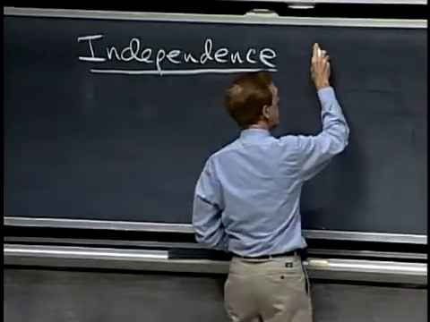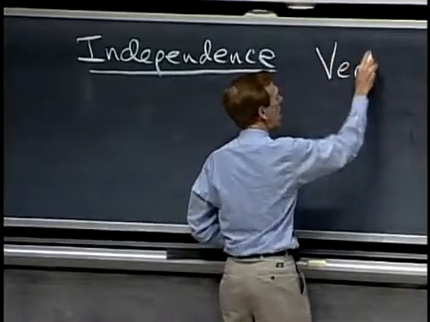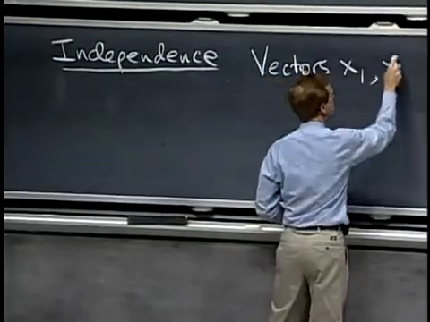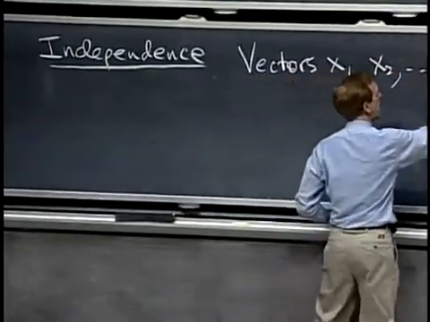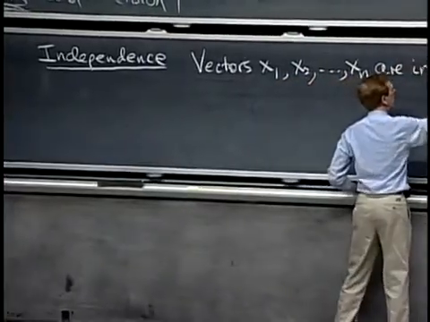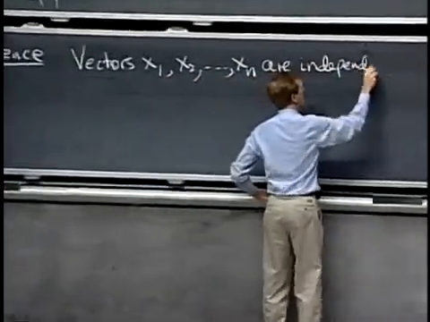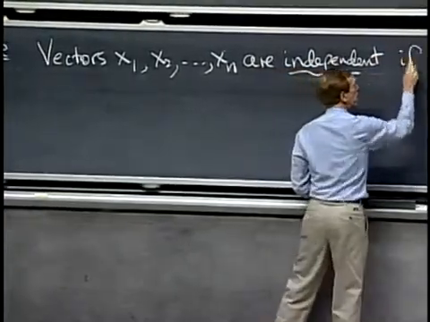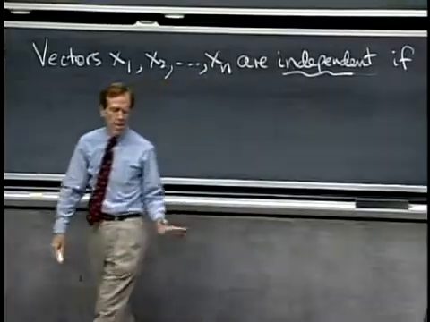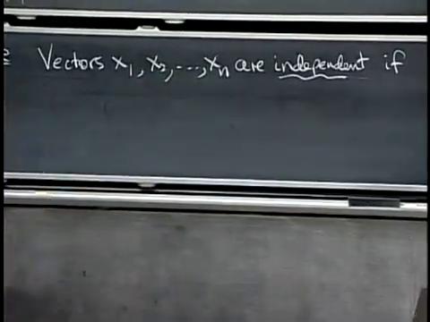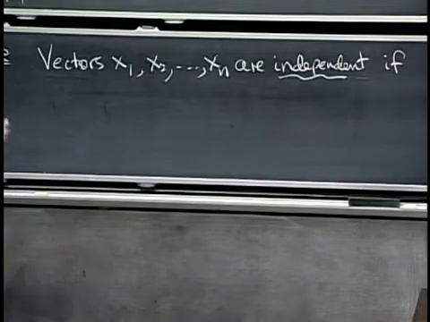So the question is, when are vectors x1, x2, up to xn, suppose I have n vectors, independent, or linearly independent? I'll often just say and write independent for short. Okay, I'll give you the full definition.